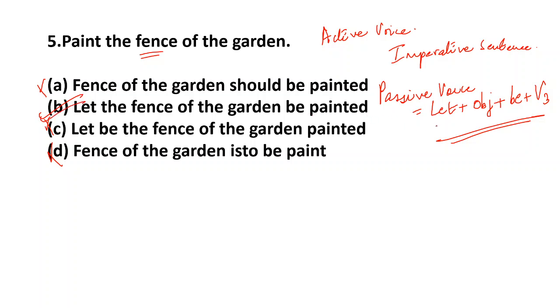And here you see let is there, plus this is the object, then be is there, and then V3 is there. So this is a very easy way of doing it. So paint the fence of the garden. Now here you see, imperative sentences do not start with a subject. It will be an order, an advice, a request. It can be a prayer like this. Next sentence.